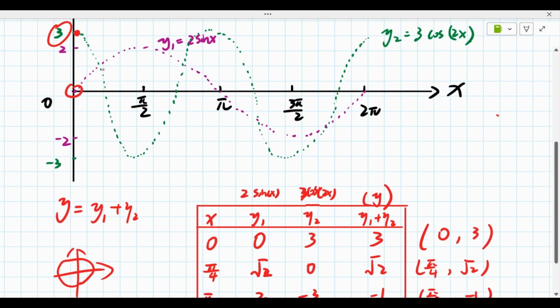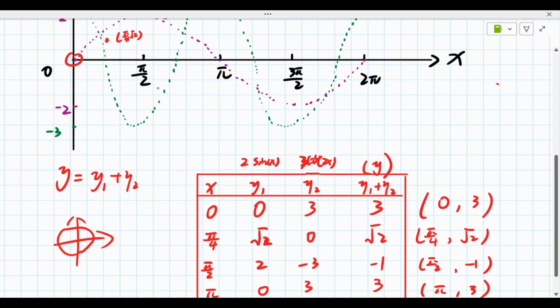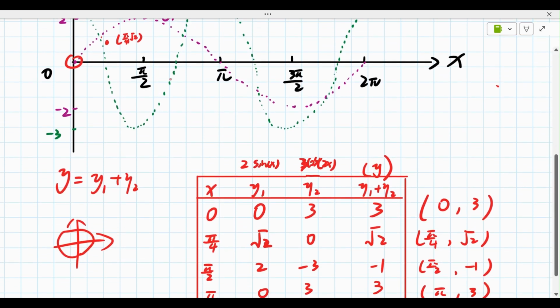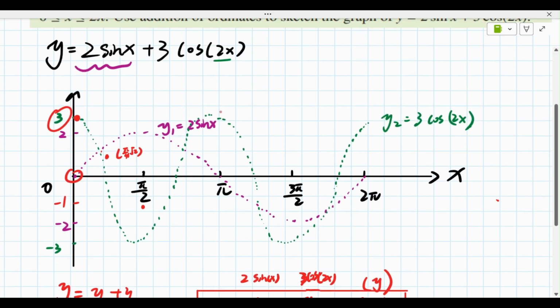Pi on 4 will be root 2, so I can say root 2 in here. Pi on 2 is -1, so we can say in here. And the next one will be pi, so I'll be back in here.